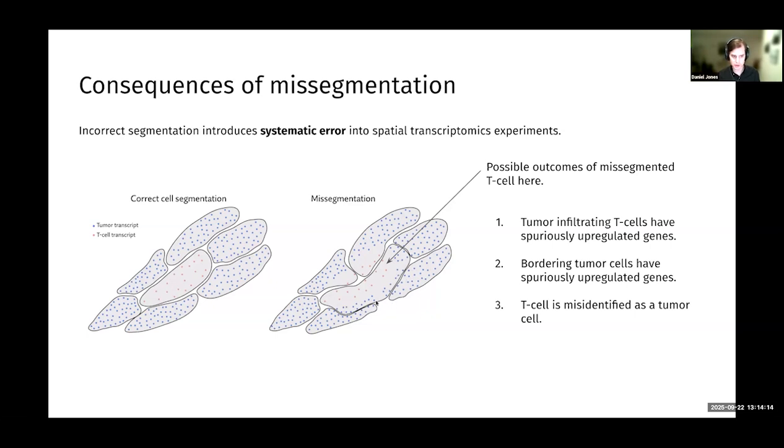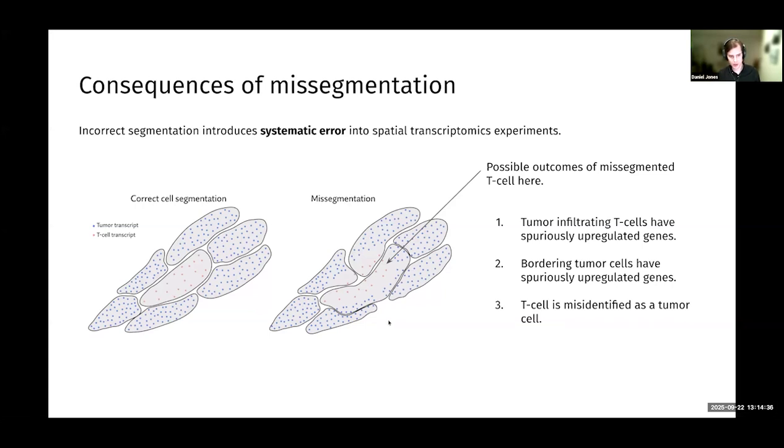But of course, that's just a false positive result due to the missegmentation. And we could ask the related question, what's unique about the tumor cells that are adjacent to immune cells? They might look like they have T cell genes upregulated, which is, of course, another false positive. So we've confounded the thing we'd like to look at.